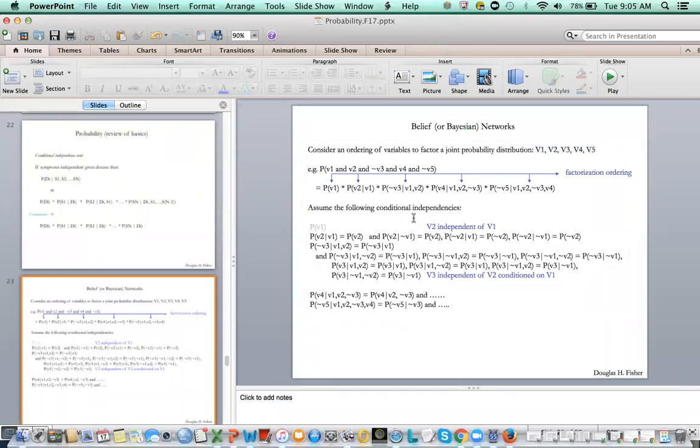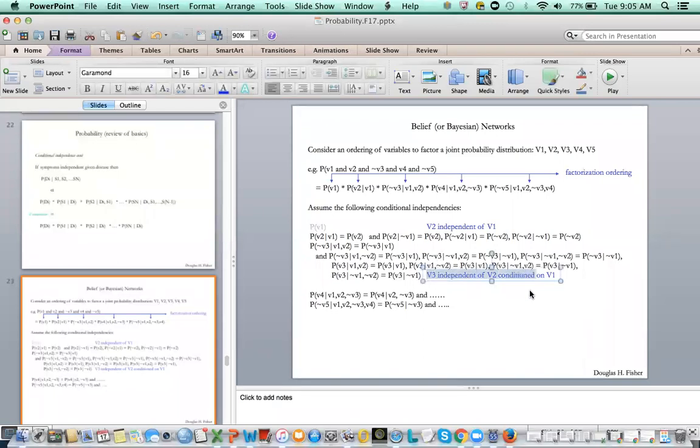We assume the following conditional independencies. Just for the sake of argument, I made these up. There's nothing I've seen so far that would indicate this. But suppose V2 is independent of V1. Knowing the value of V1 has no influence on the probabilities that apply to values of V2.